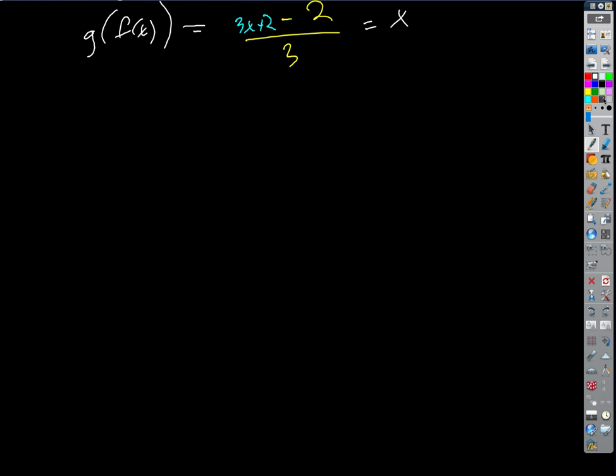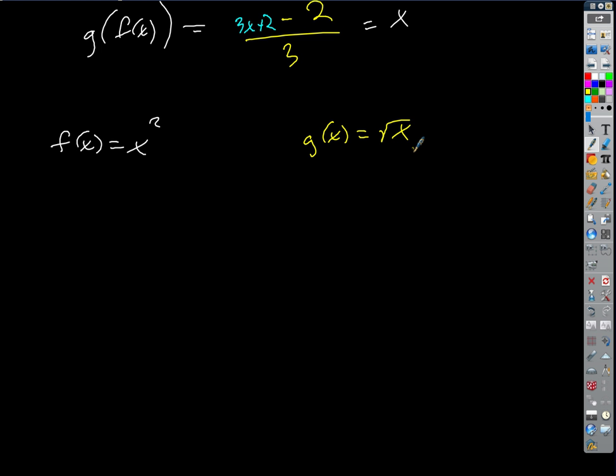Just while we're on the subject here, this is kind of a deal. So what's the inverse of x squared? If I pick f of x equals x squared, we're going to say g of x is the inverse. What's that going to be? Everybody agree? Let's try it.